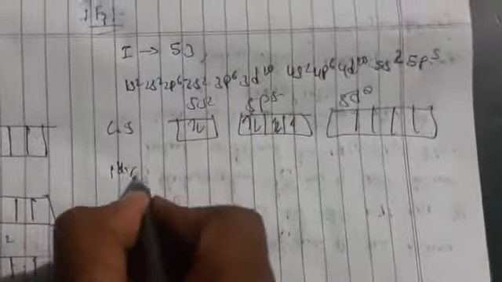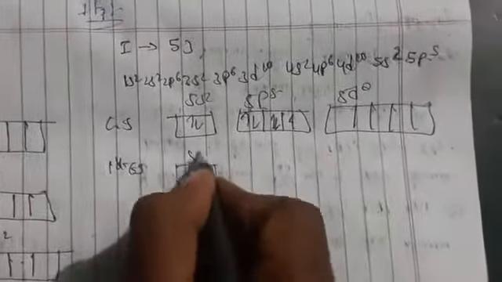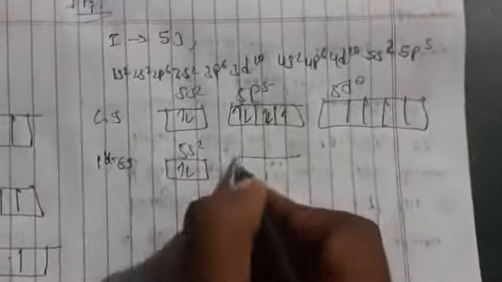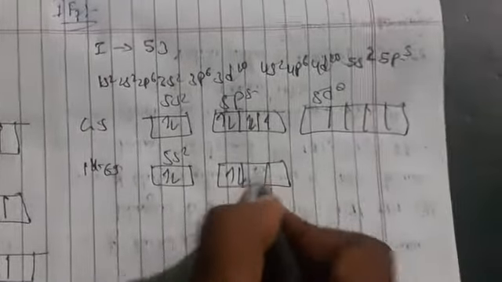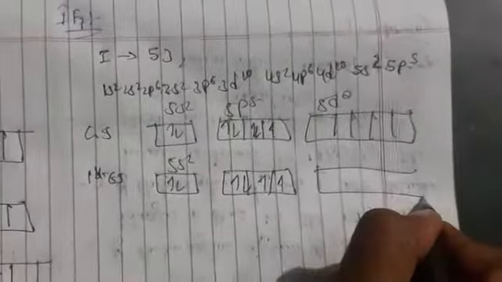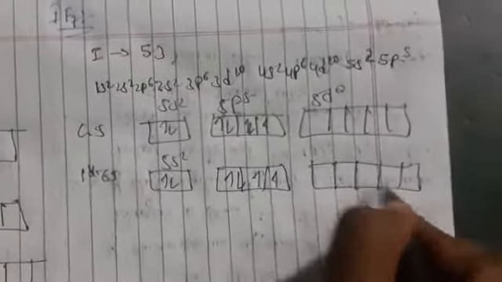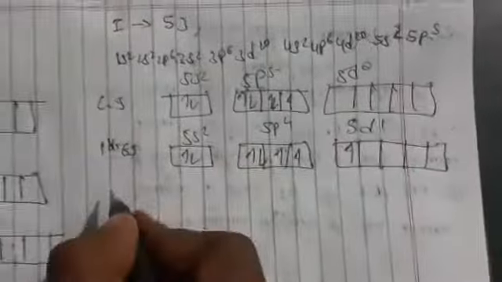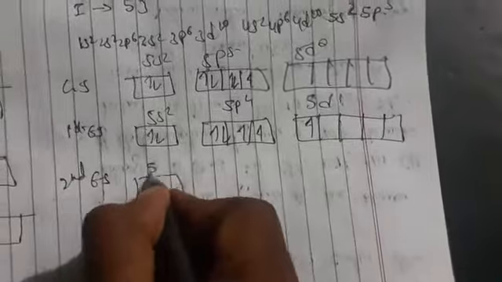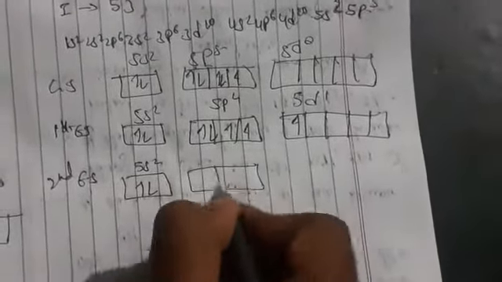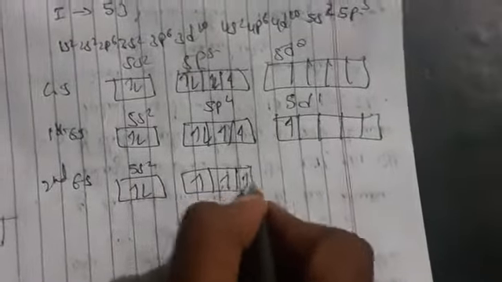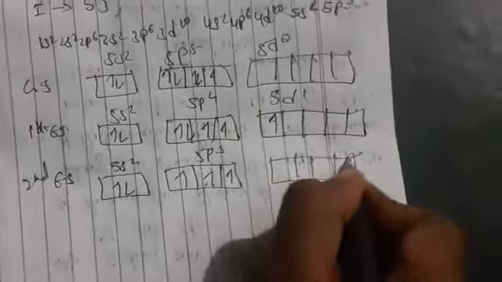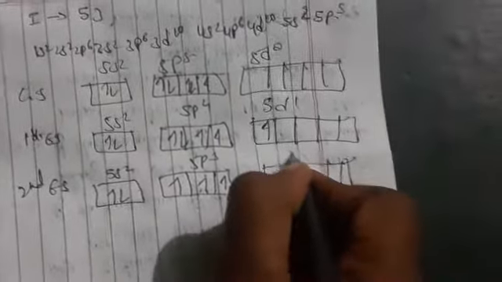Now coming to the first excited state, what happens? An electron jumps here: 5s2, 2 electrons, 1 electron jumps to what here? The d orbital, that is 5d1, 5p4. Next one, in the second excited state, what happens? It has 2 electrons, 5s2, again 1 electron jumps, 5p3, that is 5d2.